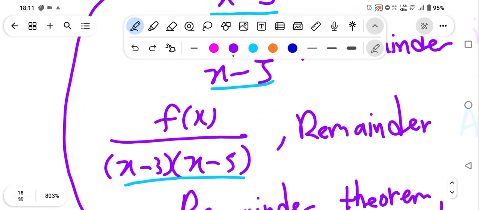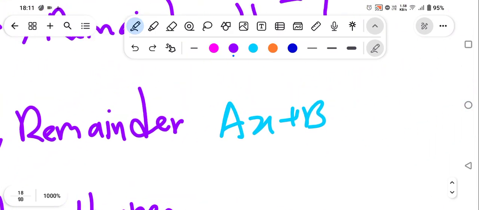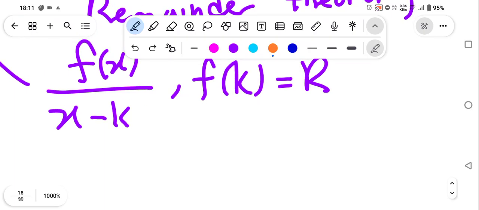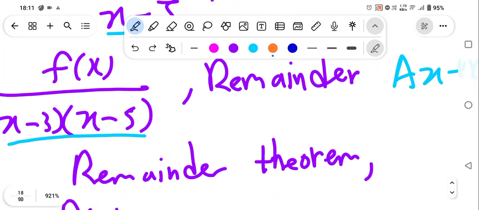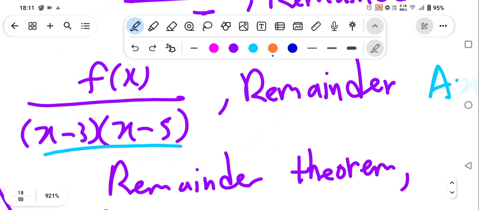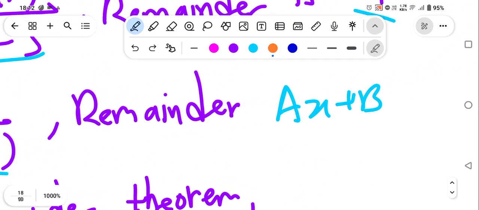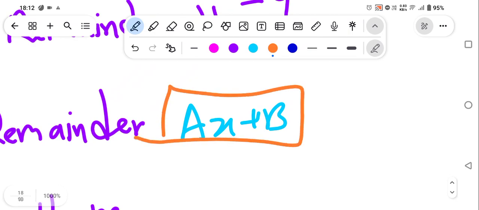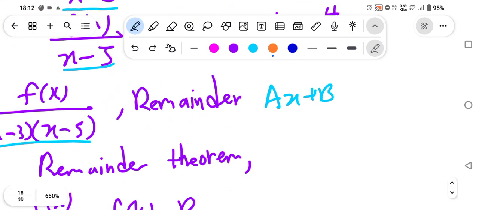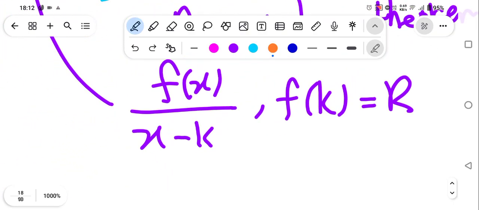What is the remainder of a quadratic? The remainder is ax plus b. So we're going to solve for a and b, where a and b are constants.